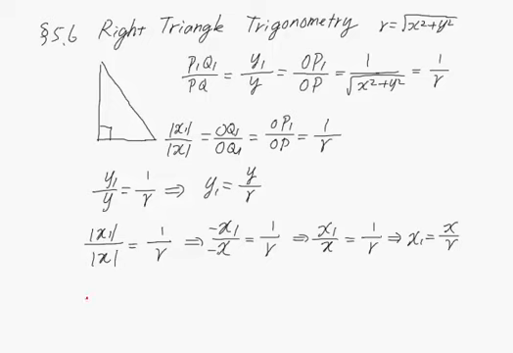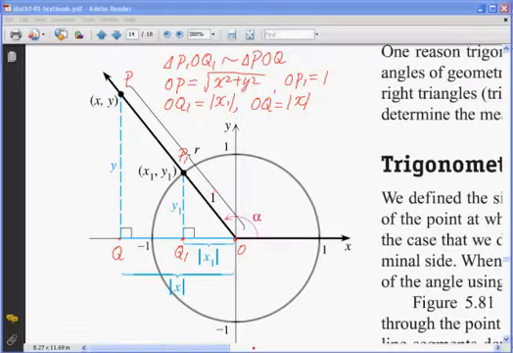Now, we have the sine alpha, which is equal to the x-coordinate of the point of intersection with the unit circle. So let's look at it again. The point of intersection is P1, right? And its x-coordinate is x1.